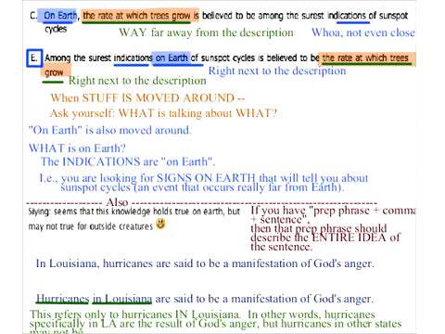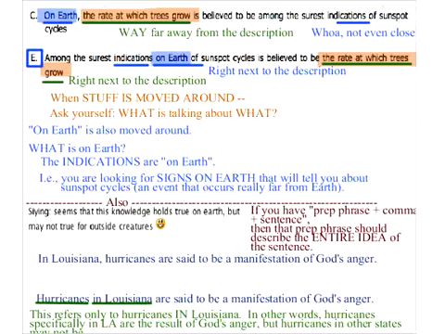What does the first one mean, though? If we say in Louisiana, hurricanes are said to be blah blah blah, what does this mean? What's the difference between this and the other sentence? Yeah, Katie. Right. People in Louisiana think this, but they think it about hurricanes everywhere. Exactly.